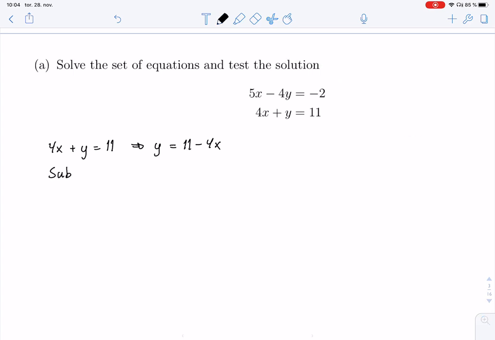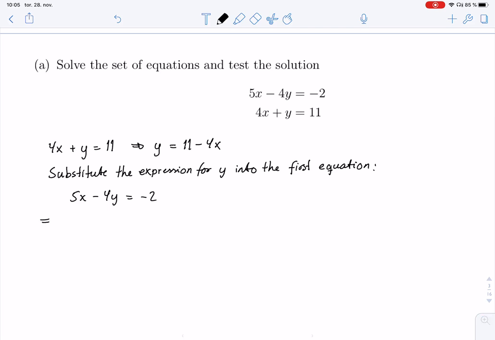So we substitute the expression for y into the first equation. So we have 5x minus 4y equals minus 2.